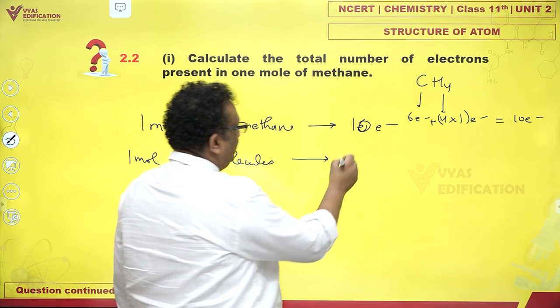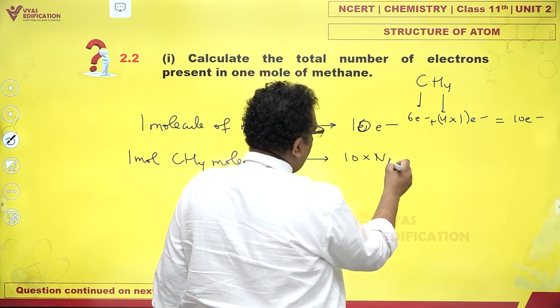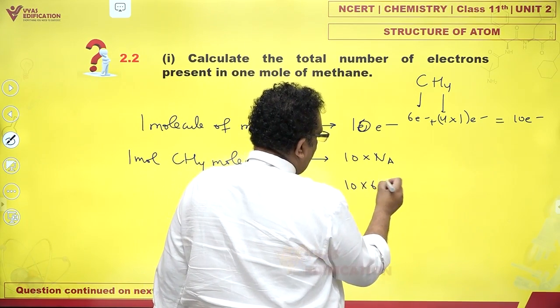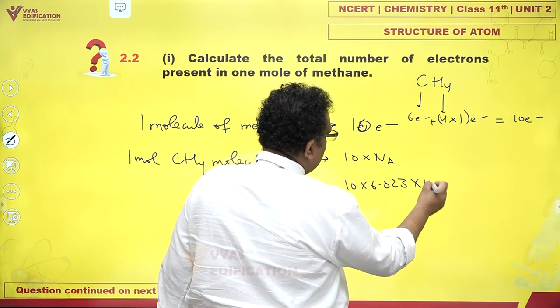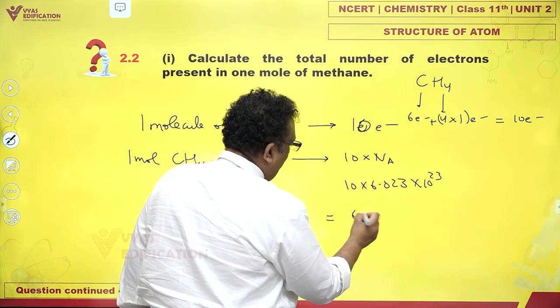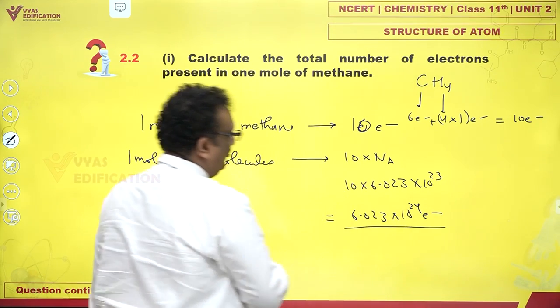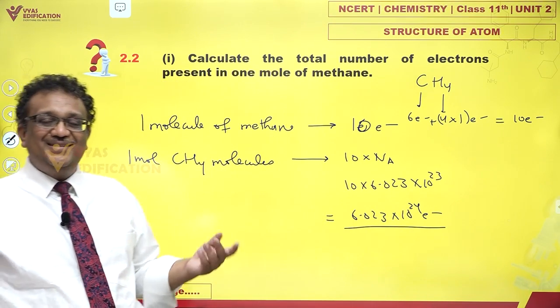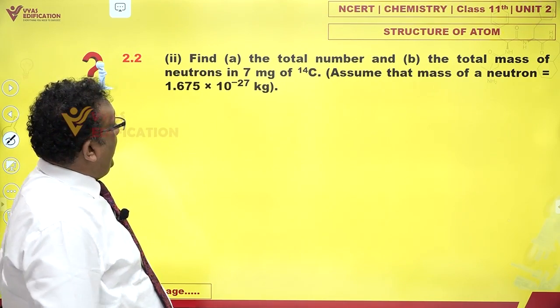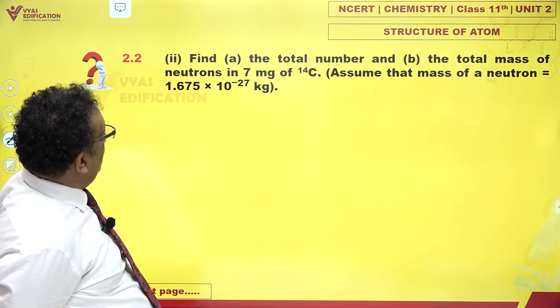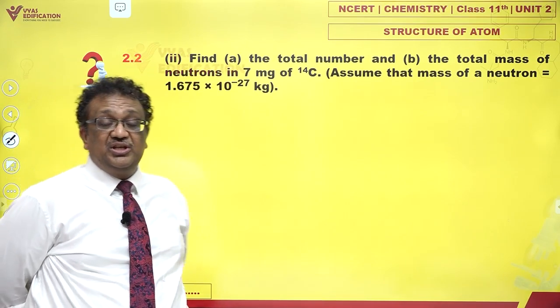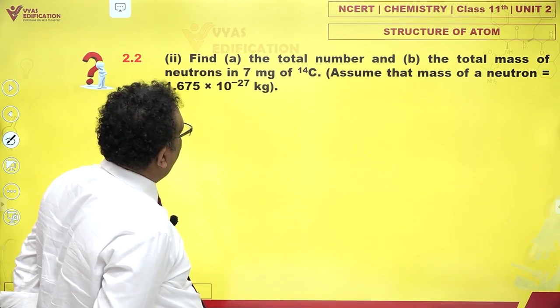Well, that would be 10 into Avogadro's number, which is 10 into 6.023 into 10 raised to 23, which is 6.023 into 10 raised to 24 electrons. Wonderful. That's it. Lovely.